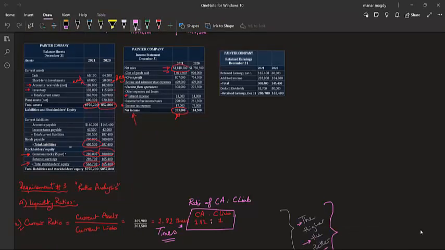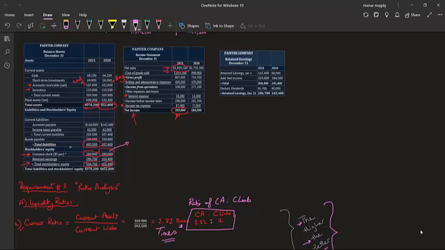In order to get the number of average common shares outstanding, you have to divide the cost of the common stock by the par value in order to get the number of shares.